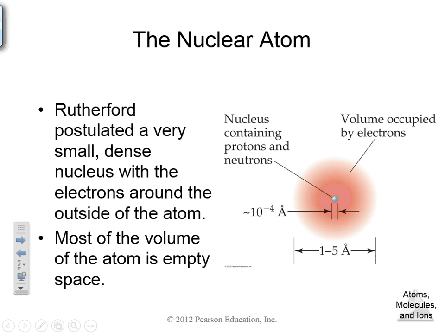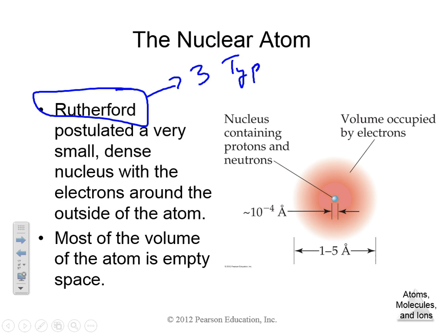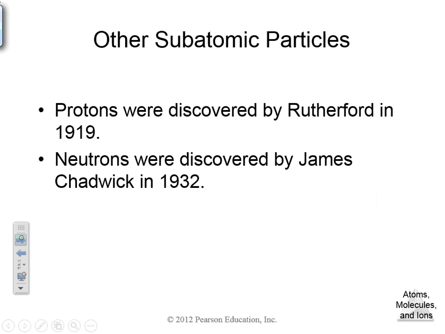Then Rutherford said that the nucleus is incredibly dense. So we have Rutherford again coming through. Again, he has the three types of radiation and the discovery of the nucleus, which is solid. It's a very important discovery in chemistry.